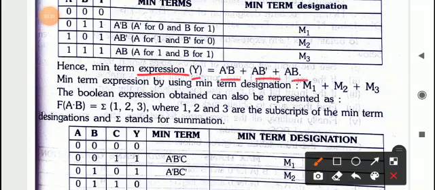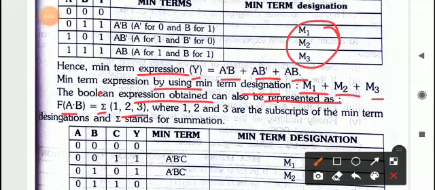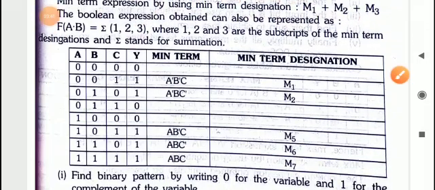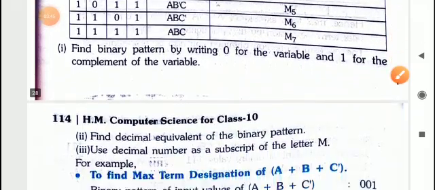The min term expression can also use min term designations M1, M2 and M3. Your Boolean expression can also be represented as F(A,B) equals sigma 1, 2, 3, where 1, 2, 3 are the subscript values and sigma stands for summation. This way you can find the others also.